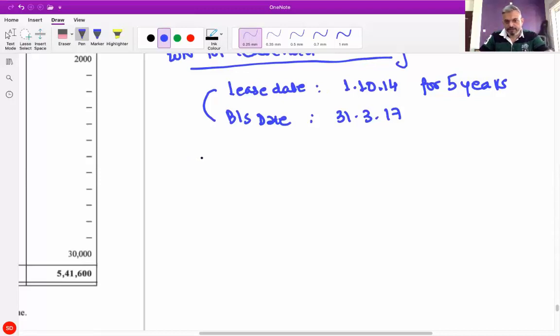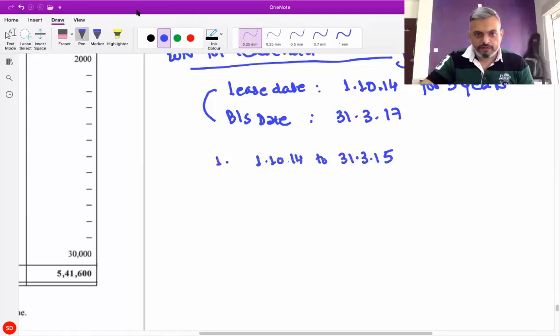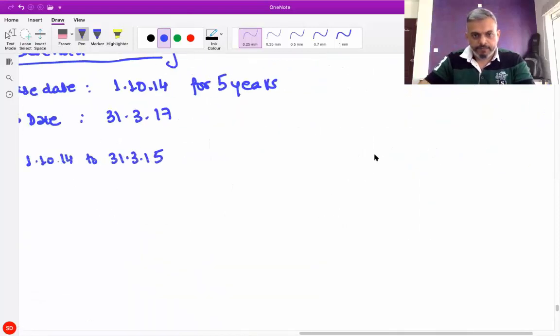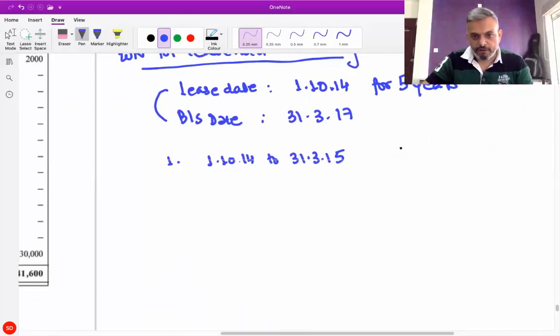In the year when we purchased the lease, the first year, it was 1/10/2014 to 31/3/2015. So in the year when we started the lease, we used the building for half year or for 6 months. So I'll write 6 months.